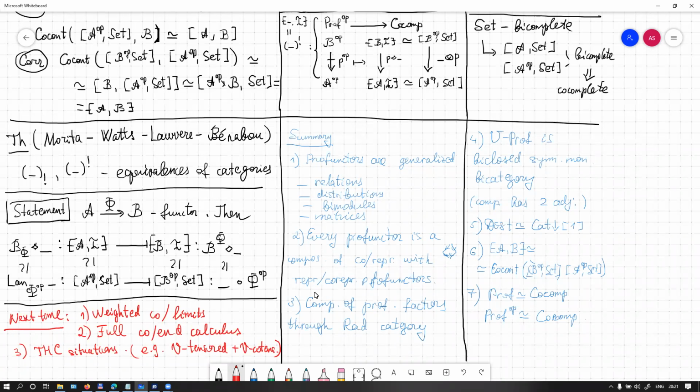There are so-called equipments of pro-arrows in bicategories, and many more topics, Fourier transforms, and all this is related to and based on profunctors. So whoever wants to learn more, you can always ask me or look through the literature.